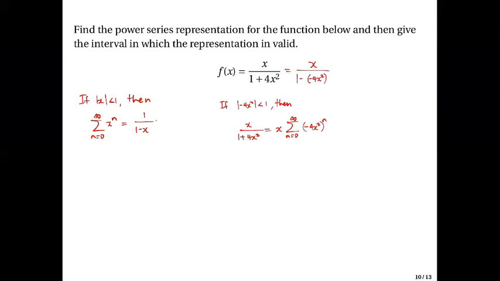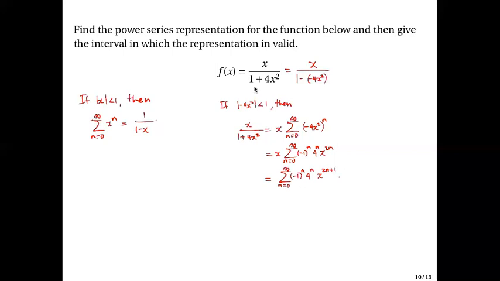Okay, if we simplify this, you have x sum n from 0 to plus infinity, you have negative 1 to the n, and then you have 4 to the n, x raised to 2n. And then if we bring this x inside the sum, we will have the sum from n equals 0 up to plus infinity of negative 1 to the n, 4 to the n, x raised to 2n plus 1.